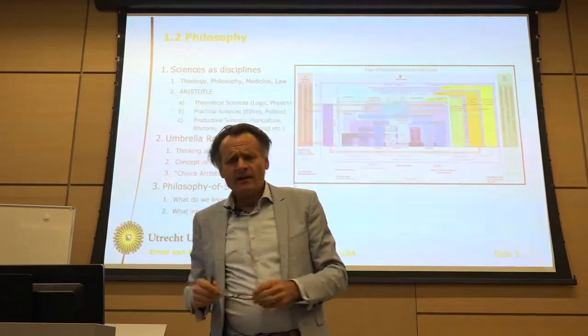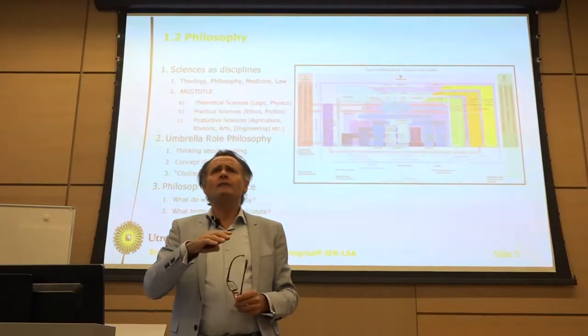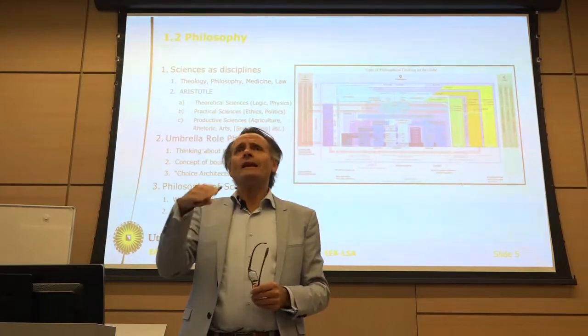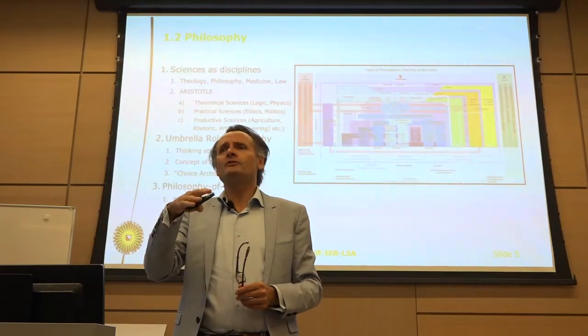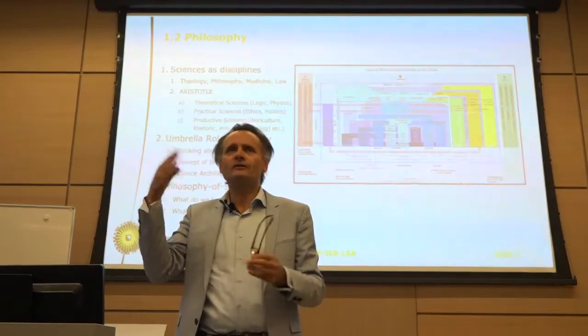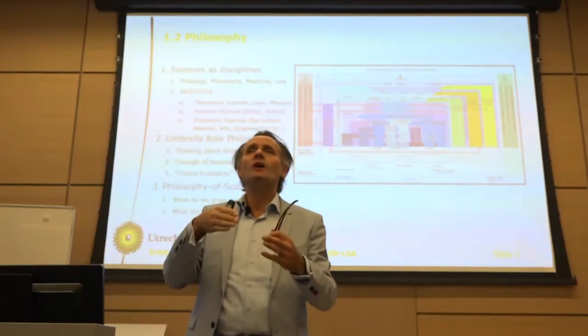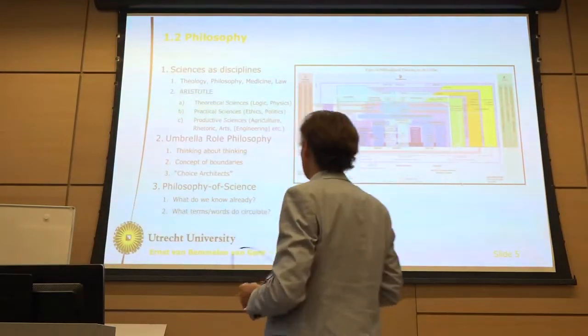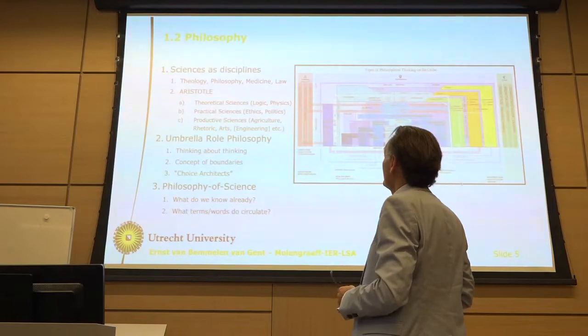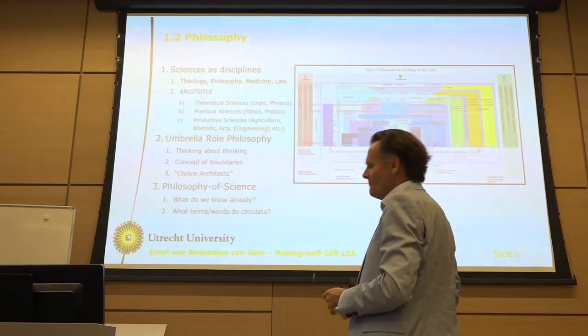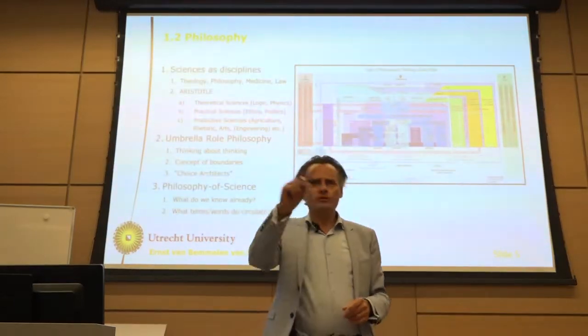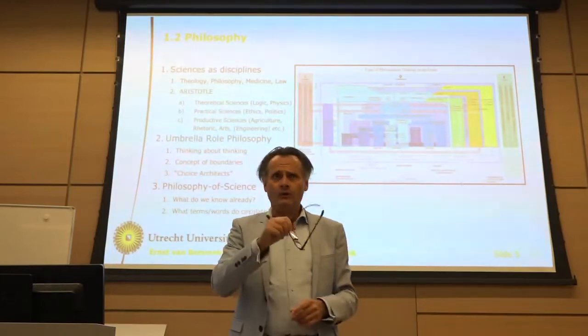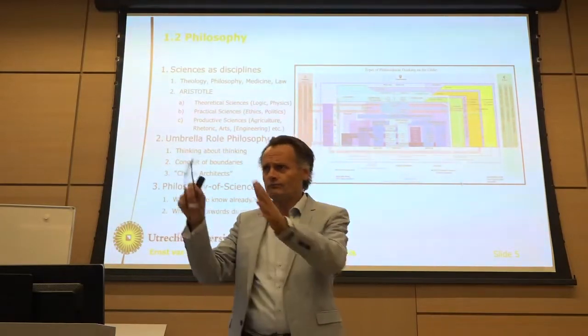And then one other way of looking at philosophy is that it is the art of thinking about thinking. And I claim that doing research has to do with thinking. So let's look at the discipline that knows most about thinking, which is the philosophical discipline. And then, just for your Google searches, within philosophy there are many silos.